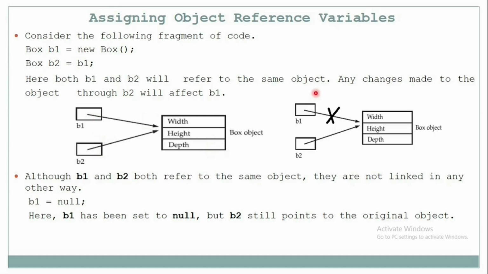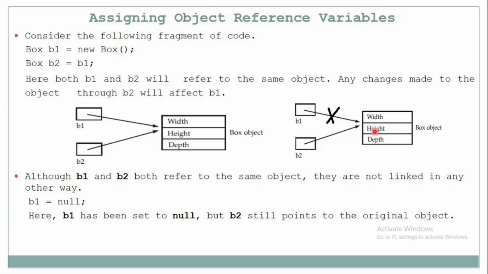But even though b1 and b2 refer to the same object, they are not linked in any way, which means if I make b1 equal to null, b2 will still point towards the original object only. I repeat once again, even if I remove this link here, even if I make b1 equal to null, it will not affect b2. b2 will still point towards this object.